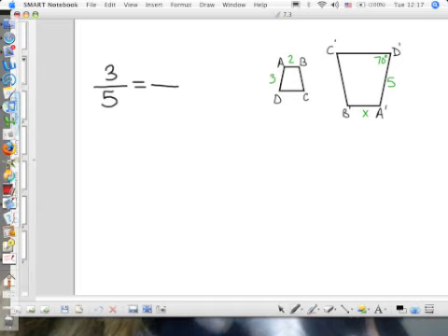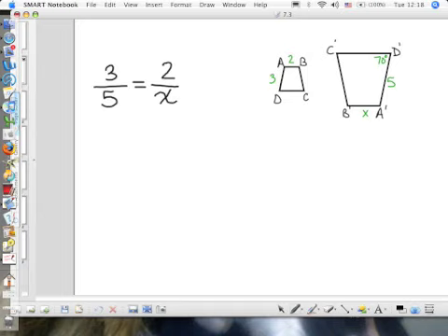It's part of the larger shape, okay? So the larger measurement goes on the bottom. Now what goes on the top? The side from the smaller shape that corresponds to it. Well, X is the distance from A prime to B prime, so its corresponding side is the distance from A to B, which would be 2.